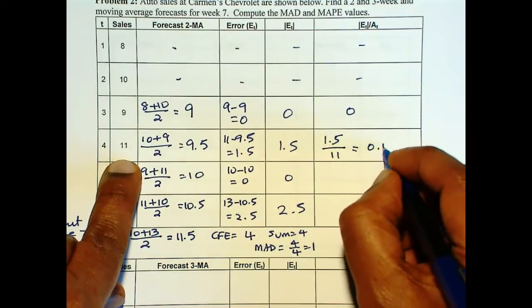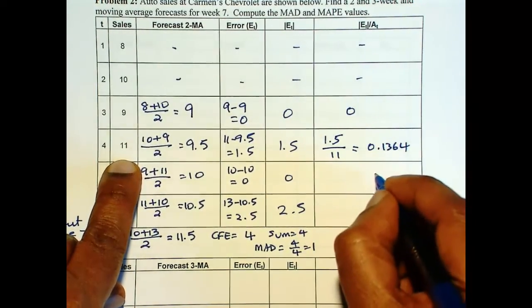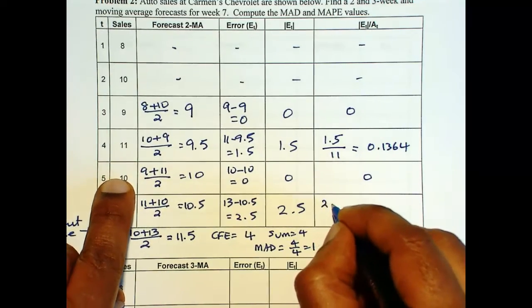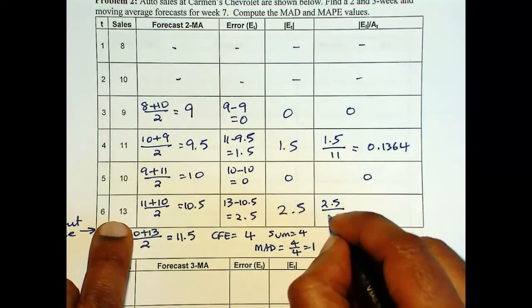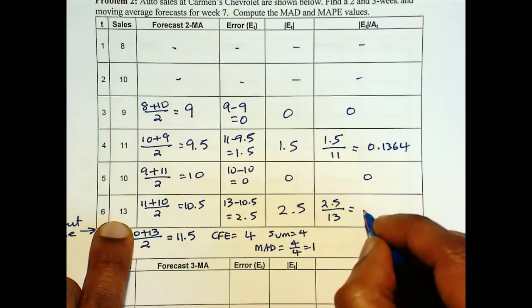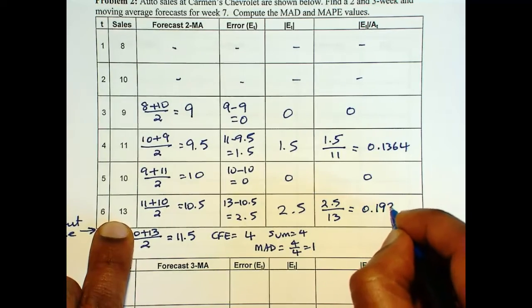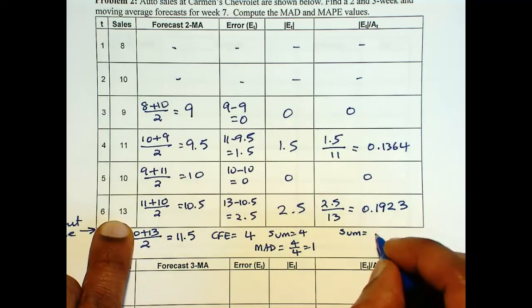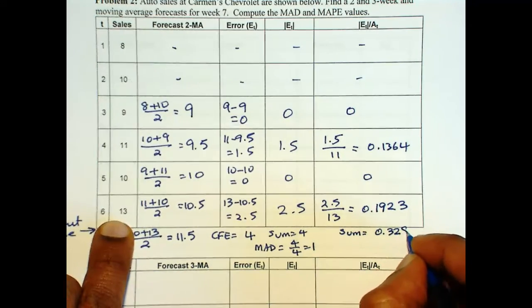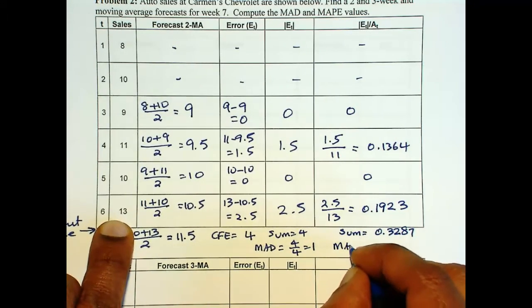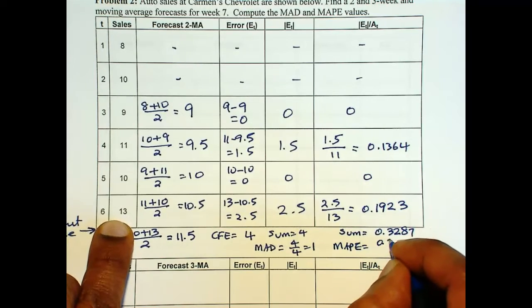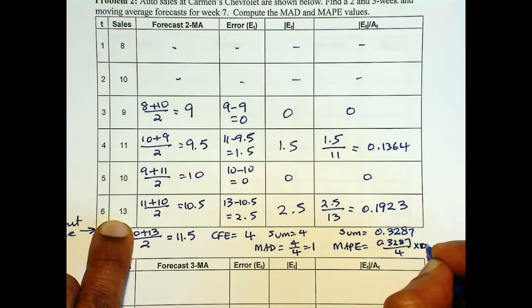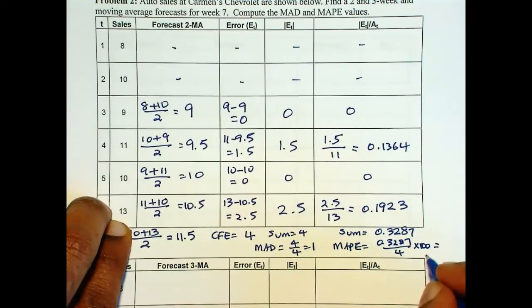So this is 0. 2.5 divided by 13 is 0.1923. So the sum is 0.3287. MAPE is 0.3287 over 4 times 100. So that gives us 8.22%.